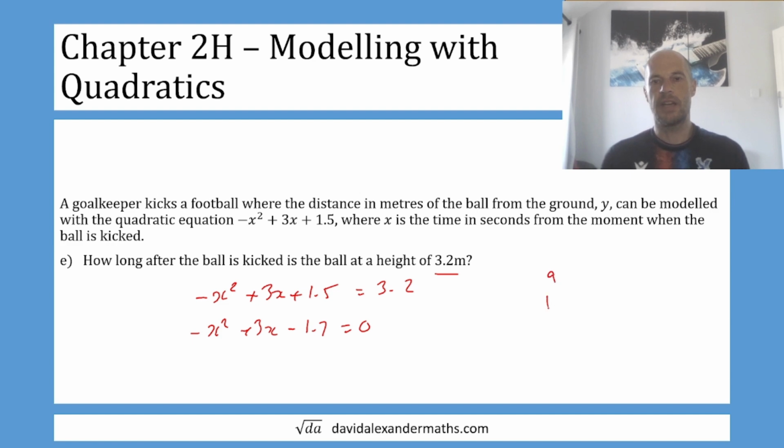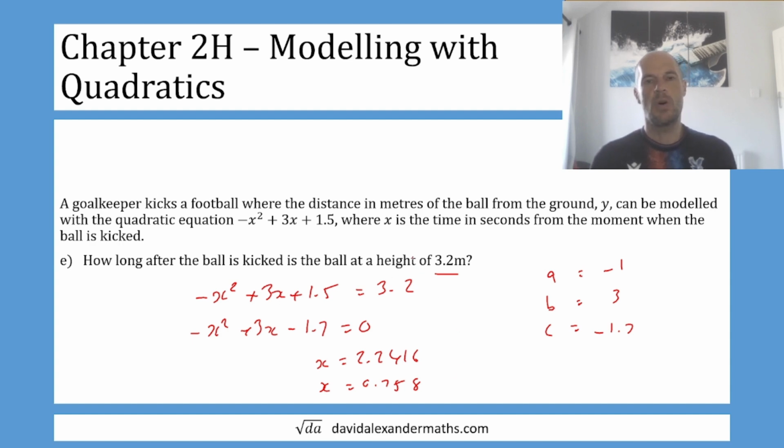Again, I'm going to use my quadratic equation solver where a is minus 1, b is 3, and c is minus 1.7. So menu, setup, polynomial 2, degree 2. So minus 1 x squared, 3x, minus 1.7. I'm getting x equals 2.2416 and x equals 0.758.